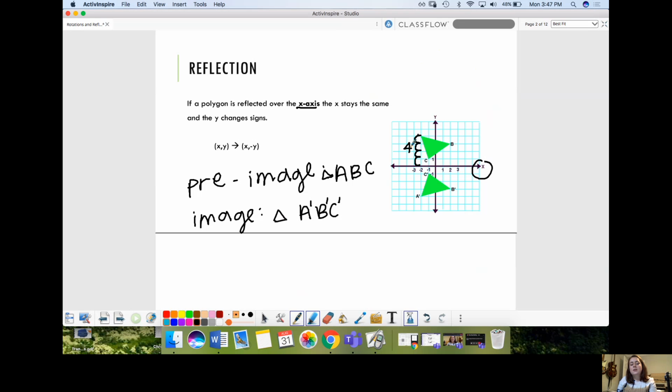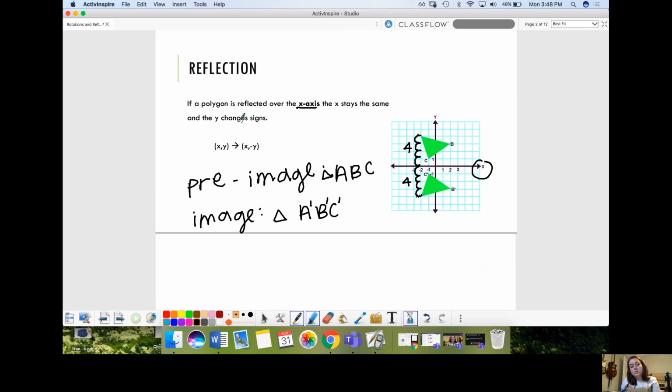So in this case, we have 4, and then A prime is 1, 2, 3, 4 points away as well. And we would see the same pattern if we look at B prime and C prime. So when you reflect, you want to be the same distance from that line of reflection. In this case, it's the x-axis.